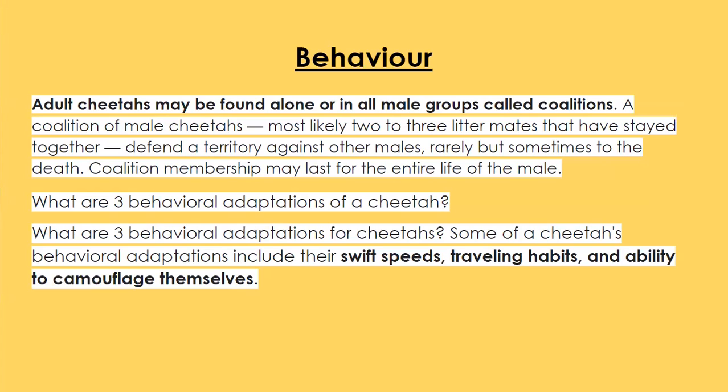Coalition membership may last for the entire life of the male. There are three behavioral adaptations of a cheetah, and those three are swift speeds, traveling habits, and ability to camouflage themselves.